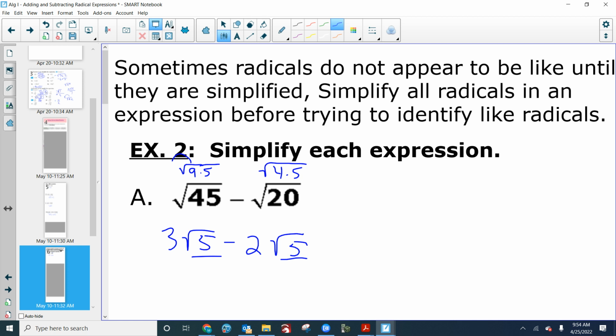Are they like terms? So you can subtract them. What's my answer, Vince? 1 what? Well, 1 square root of 5.